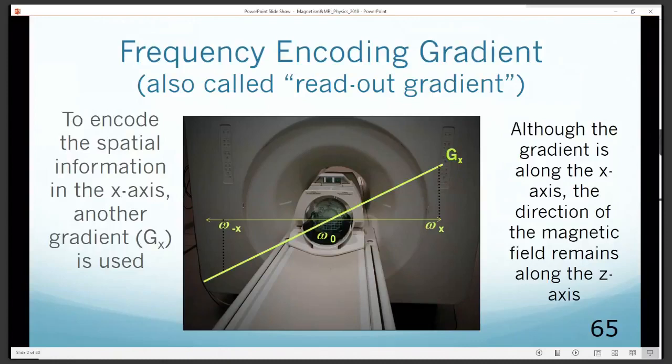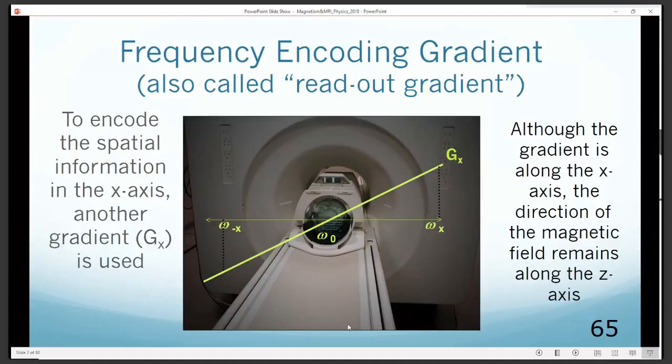It's also called your frequency encoding gradient. It's also called your readout gradient, and that's because it occurs during signal reception. It has to be on during signal digitization. And so this is going on while the slice select gradient's already been turned off, and it's encoding the signal.